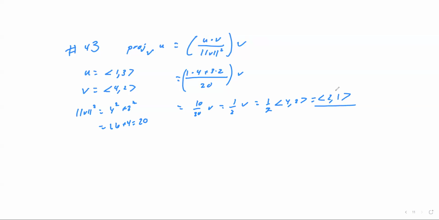There's the first answer. Now it says write u as a sum of 2 orthogonal vectors, one of which is the projection. So since this is the projection, I need something that's perpendicular. So to find something that's perpendicular, again, I need to find a vector such that this projection, let's call it W, and another one, we'll go with T, so that W times T equals 0.